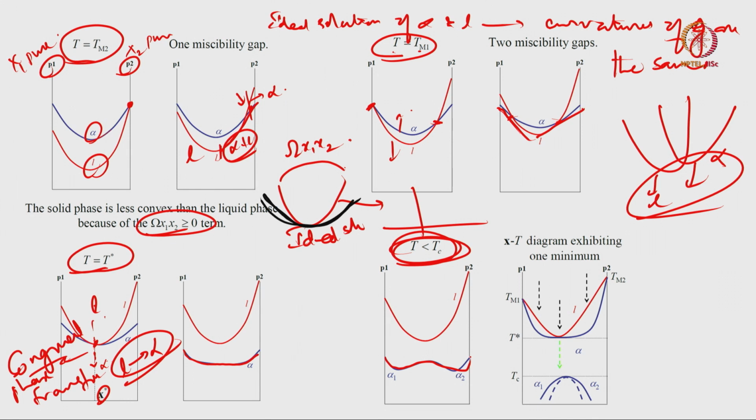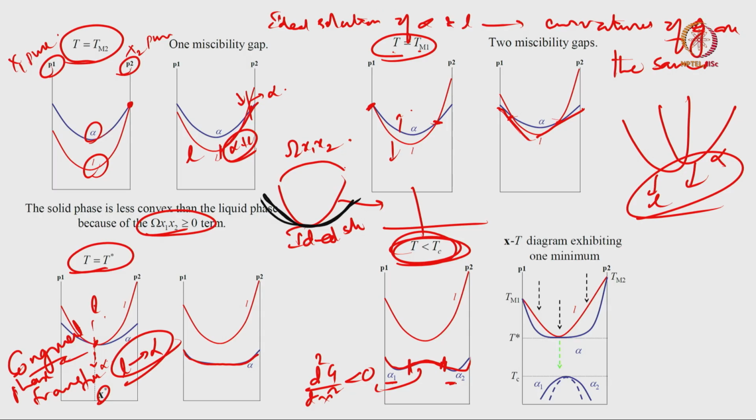So, alpha starts to split up, and when alpha splits up, I do not have any stability of alpha, at least in this range where d2G by dx square is less than 0, that is the curvature is negative. Alpha comes down to alpha 1 plus alpha 2.